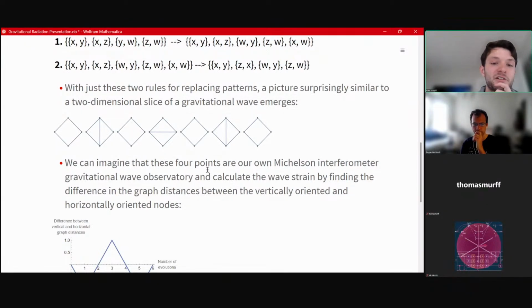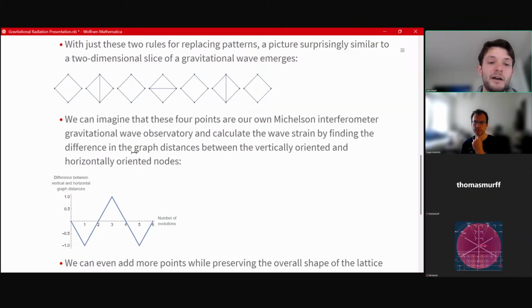So we can imagine that the 4 points form kind of our own Michelson interferometer gravitational wave observatory, and we can use that to measure the wave strain by finding the difference in graph distances. So when we do that, we get something that looks like a discrete analog of a wave.